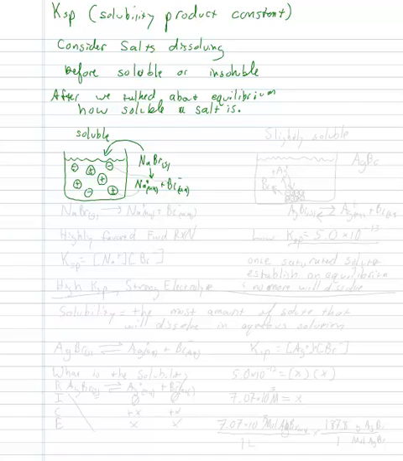So our reaction is NaBr solid, where the positive ion is the Na and the negative ion is the Br, makes Na+ aqueous plus Br- aqueous. Now, this is considered soluble because we only favor the forward reaction. It's highly favored.